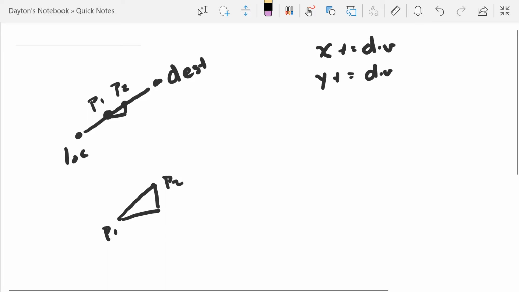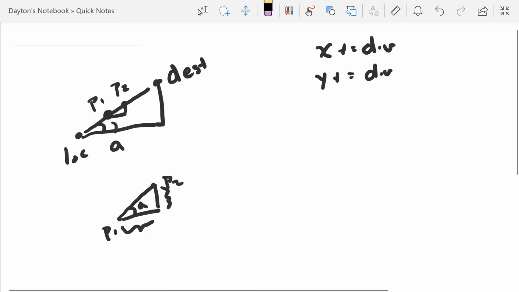And that's the triangle. That triangle has the same angle as the triangle formed by the location and the destination. So if this angle here is A, then this angle here is also A. And knowing that, we can figure out how much we need to increase the x and the y coordinates by for each iteration of the loop.